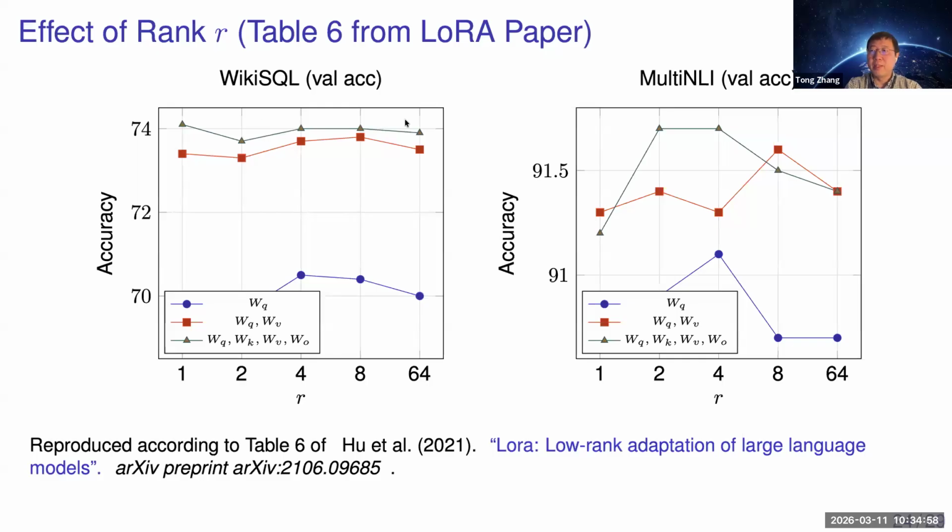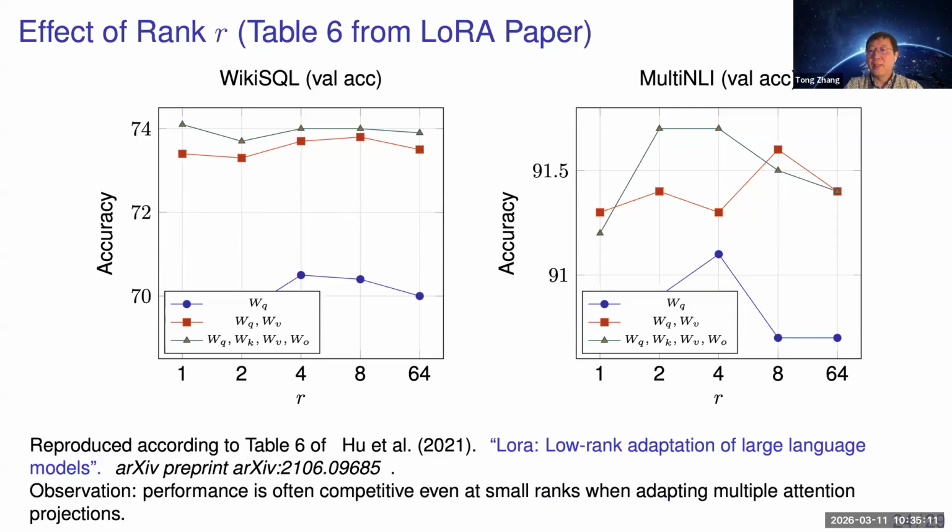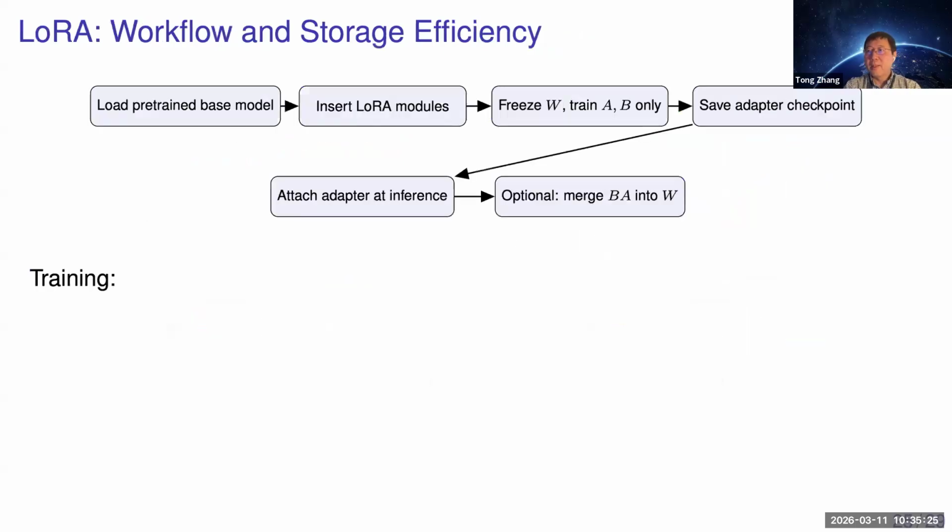Sometimes people do observe more of a difference, so rank tuning is definitely one thing people try, depending on your data and your task. But essentially, small rank is sufficient. This is good news that supports LoRA and is why LoRA has survived and is effective.